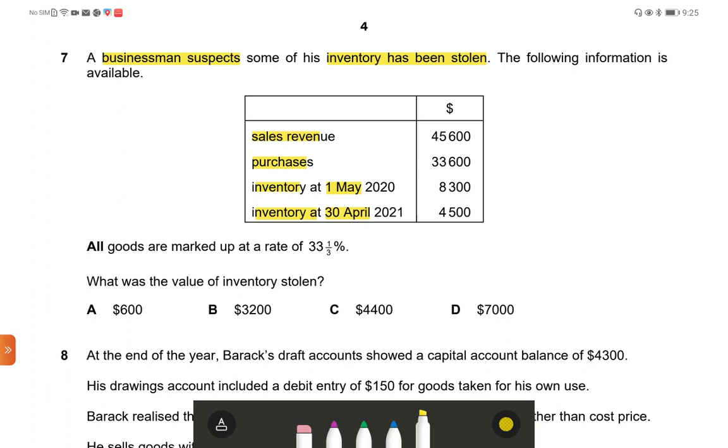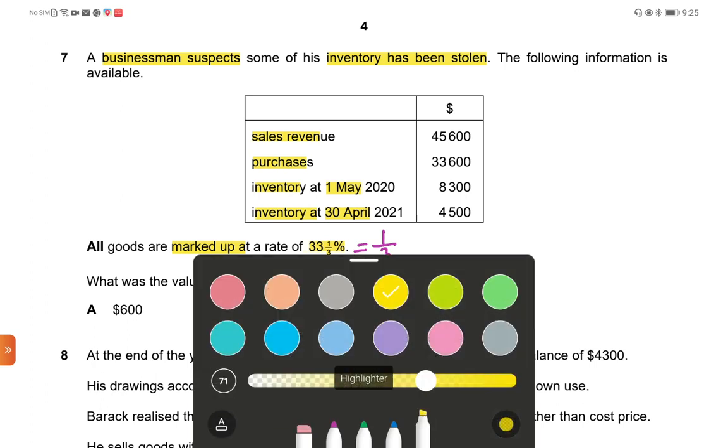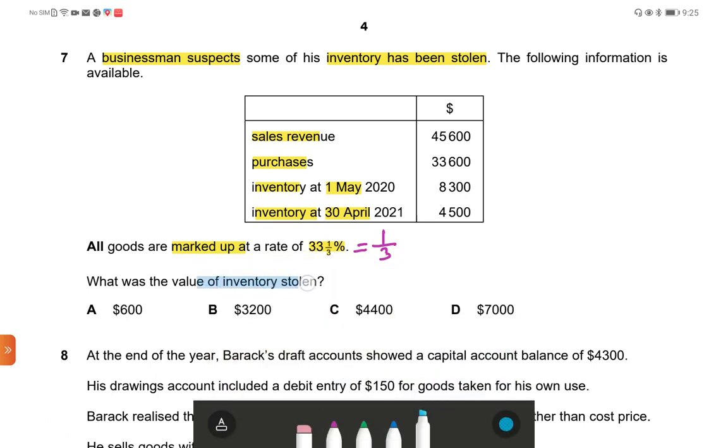All goods are marked up at 33 1/3%. 33 1/3 means 1/3 of cost. What was the inventory stolen? Our question is to find the value of stolen inventory.